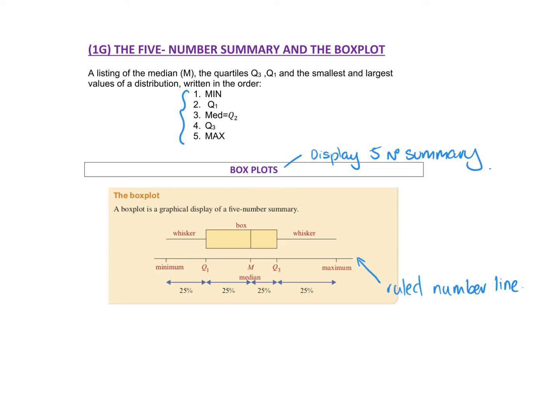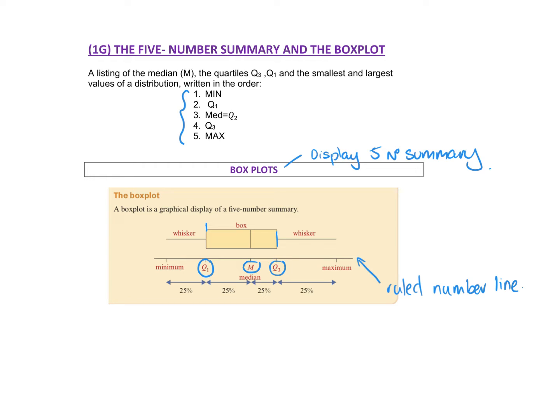You can see the major box in the middle is where we document Q1, this line here is the Q1. This line is indicating the median, and this line here is indicating Q3. Then we mark those, and you can see we create a box like that, just by drawing them in.